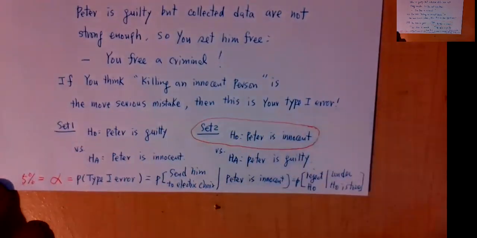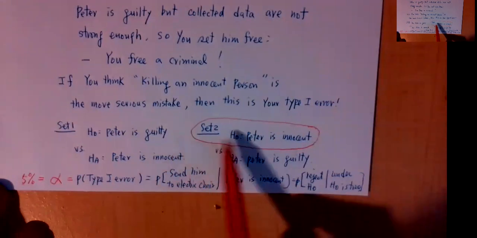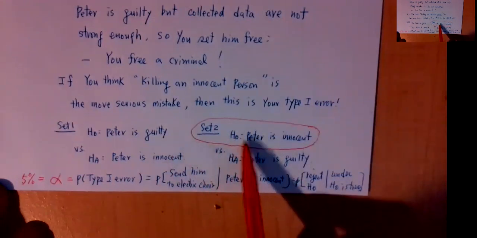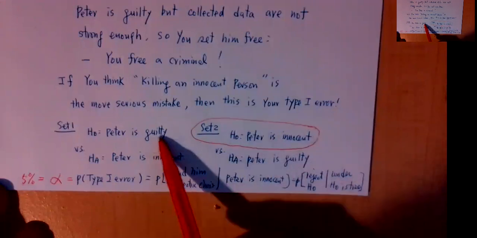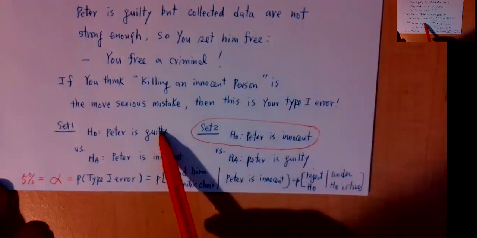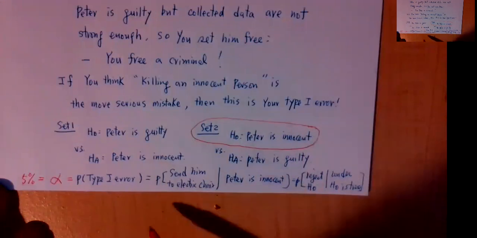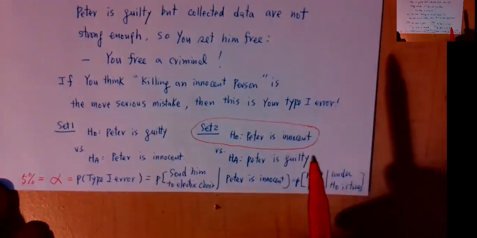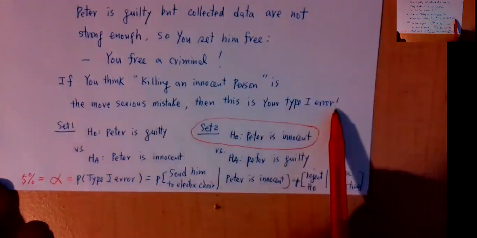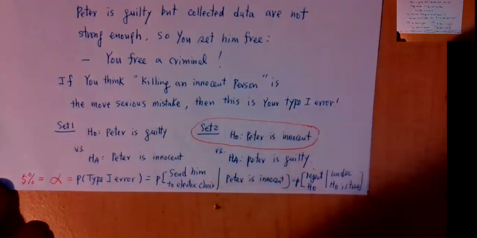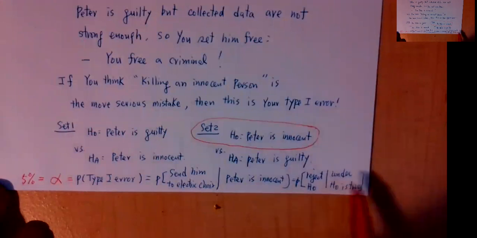Let me summarize again, okay? To put down the hypotheses in H0 and HA, you are not arbitrarily assigning them. There is a reason behind it. And what is that reason? Well, beginning from the hypothesis testing framework, the more serious mistake is a type 1 error. And the definition of type 1 error is, under H0 is true, you reject H0.